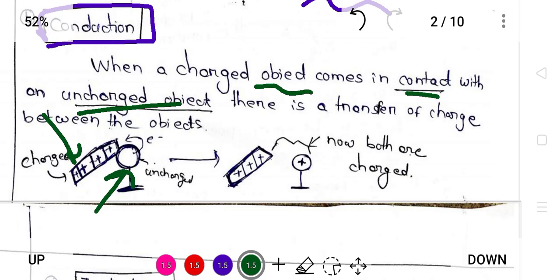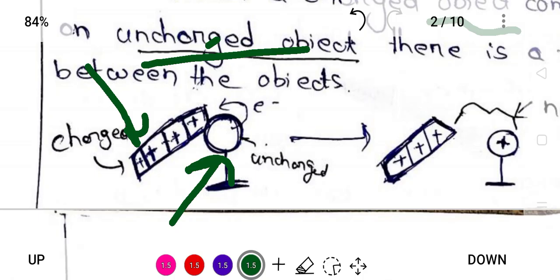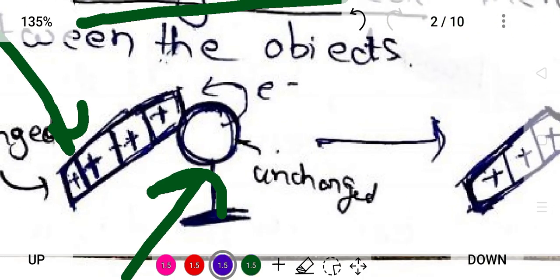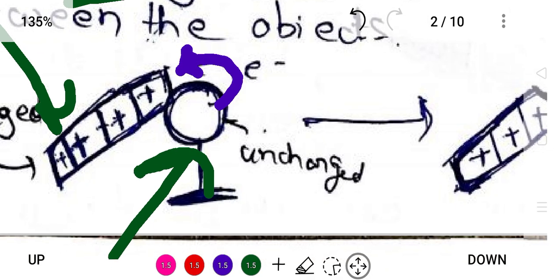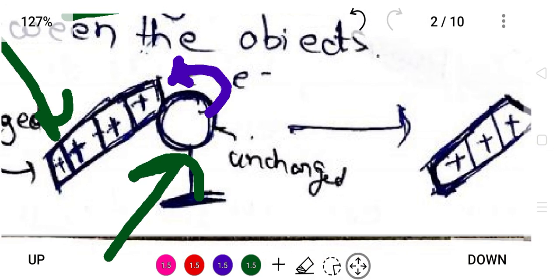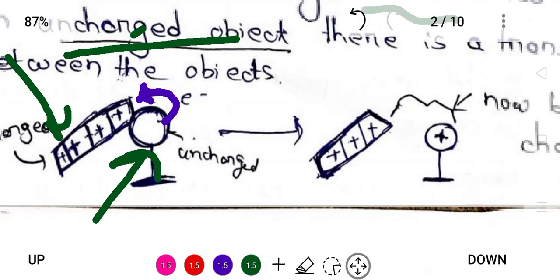Now you can see that electrons from the uncharged object will jump to the charged object because it is positively charged in the diagram. There is transfer of electrons from uncharged to charged, so the uncharged object becomes positive now, and the charge of the rod will decrease.